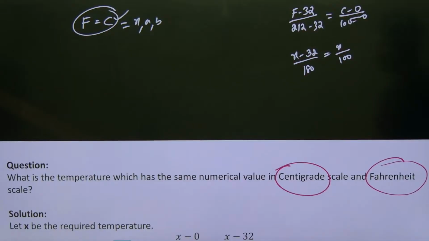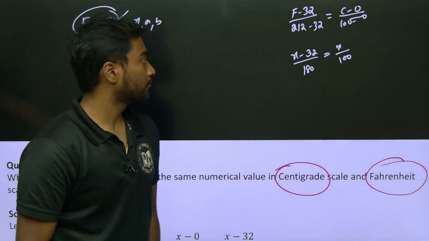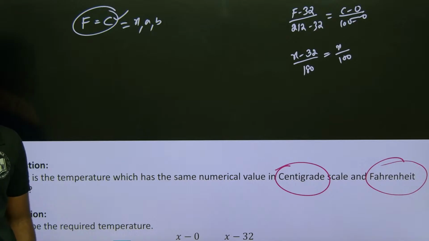right? Now get the value of X, I need it here. So it is X minus 32 by 180 should be equal to X by 100.